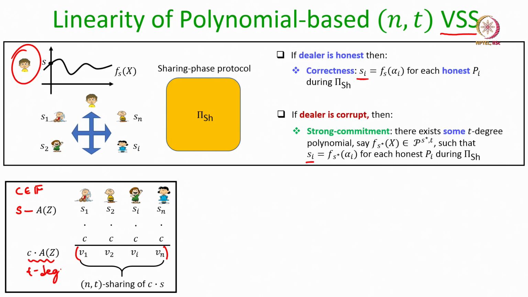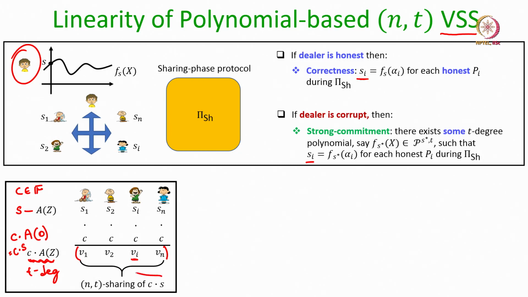Why? Because if we evaluate this new polynomial at alpha i, we get the ith component in the new vector. And what will be the constant term of this new t degree polynomial? The constant term will be c times the constant term of the A polynomial. The constant term of the A polynomial is s. That is why the constant term of this new t degree polynomial is c times s.